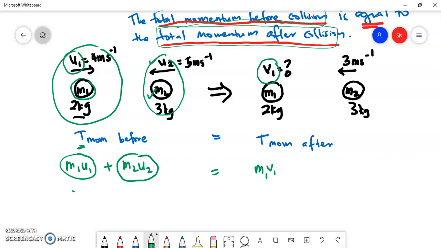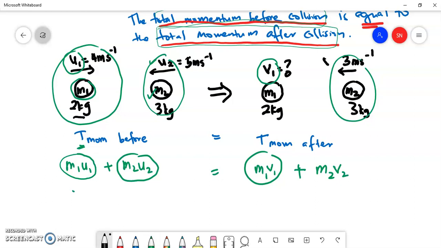Remember, u is initial velocity, v is final velocity. Plus m2 v2, the velocity of object 2 after collision.